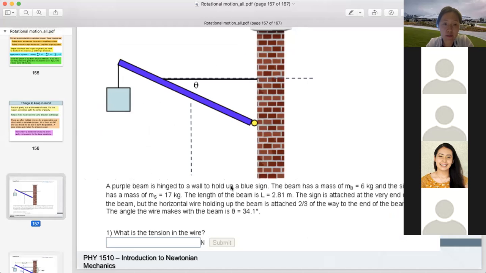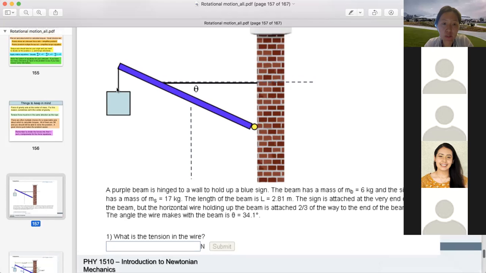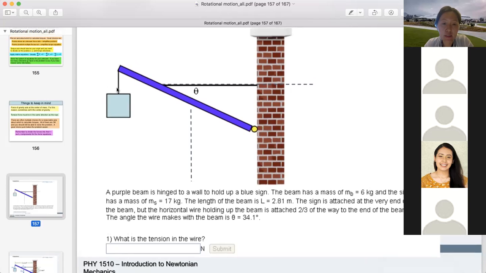Now let's think about the lever arm for each of these forces. Let's think about the weight of the sign. The weight is directly downward, and the lever arm would be this entire horizontal distance. That's the distance that's perpendicular to my weight. So look at this distance.